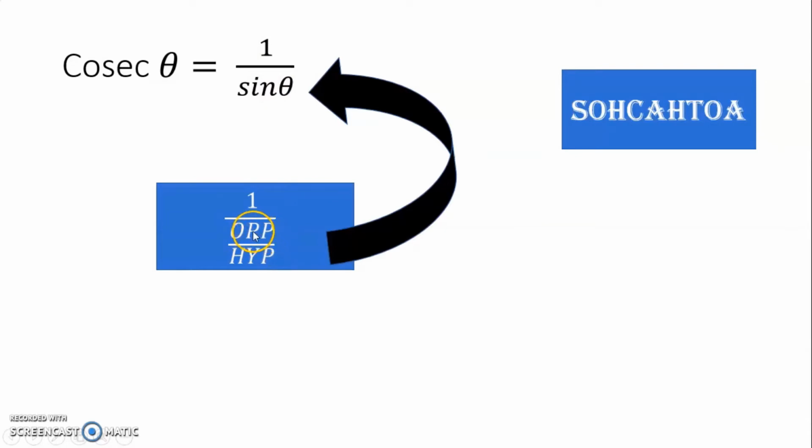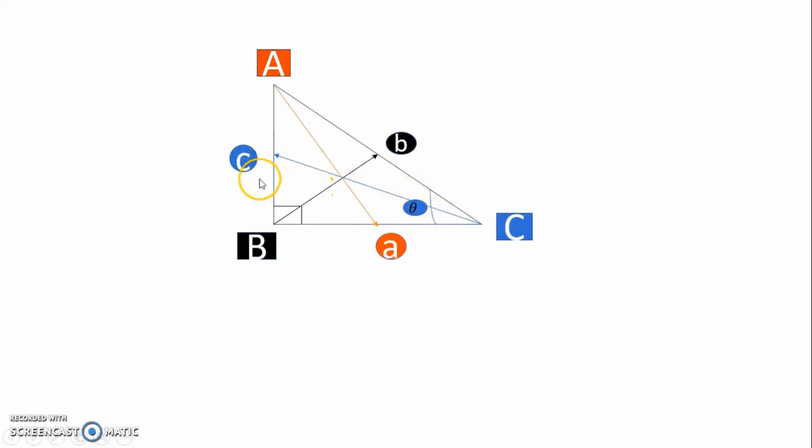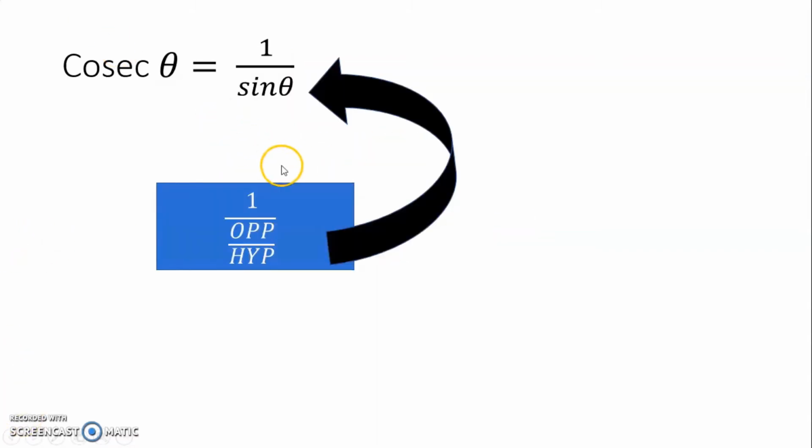Since sine is equal to opposite over hypotenuse, anywhere we see sine theta, we replace it with opposite over hypotenuse. So it becomes 1 over opposite over hypotenuse. Our opposite is c, while the hypotenuse is b, so opposite over hypotenuse is c over b.